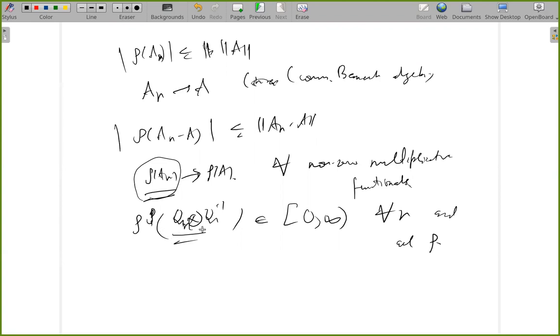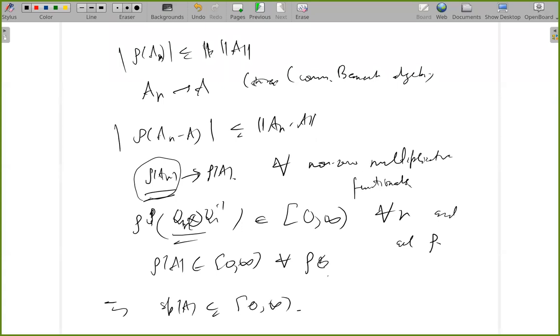Given any element of the spectrum of this, you can find a rho such that this is equal to that value. So having known this and using this continuity, what do we conclude? That rho of A belongs to (0, infinity) for all rho. This implies the spectrum of A is contained in (0, infinity).